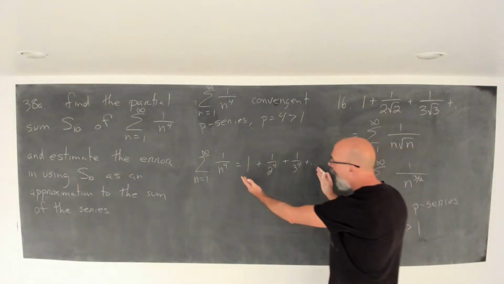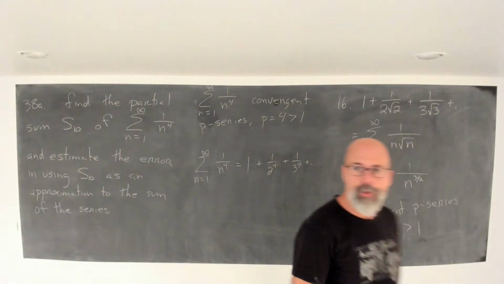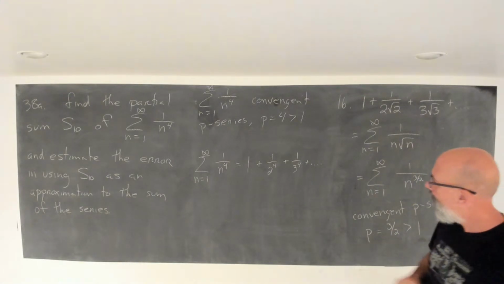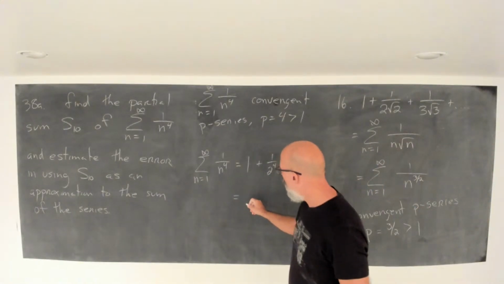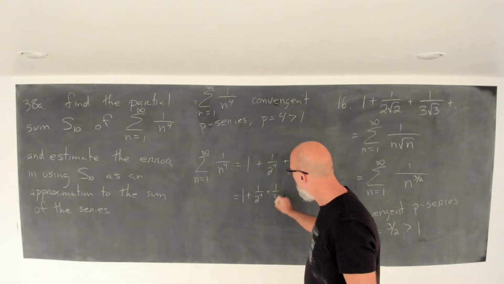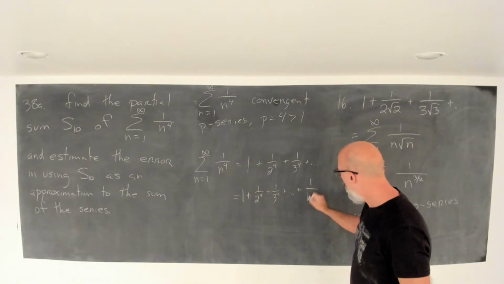We're going to add the first 10 terms. That's what S10 is, right? It's the partial sum. So we're going to add the first 10 terms, all the way to 1 over 10 to the 4.